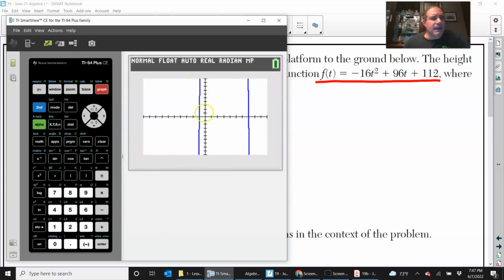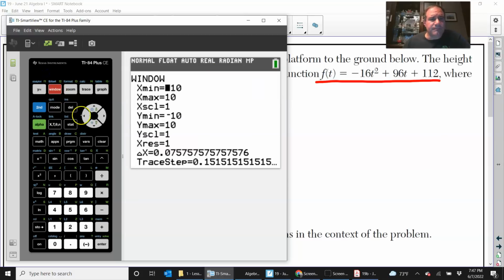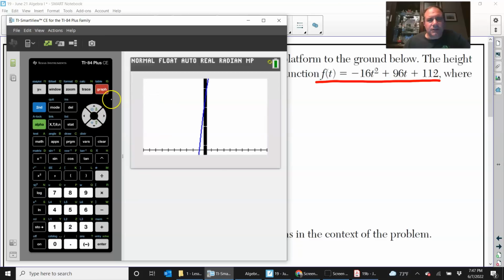I'm going to need to see the top of this. So I'm going to press window. The X max is 10. I'm going to put the Y max because I need to see the top. So my Y max, I'm going to put it as 150, and I'm just going to see how that goes.